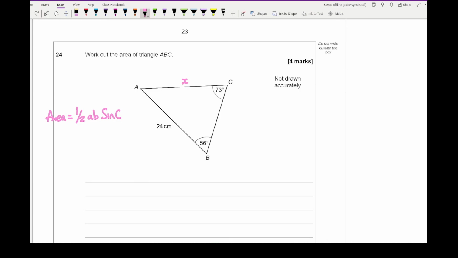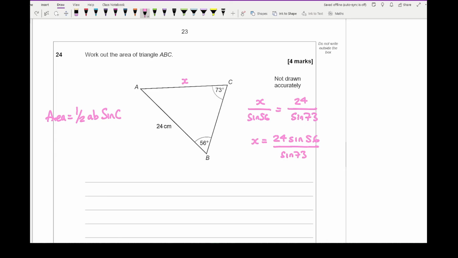Now to do that, I need to use the sine rule. And what I find is that x over sine 56 is equal to 24 over sine 73. Now doing a bit of rejigging, I get an x value of 24 sine 56 divided by sine 73.